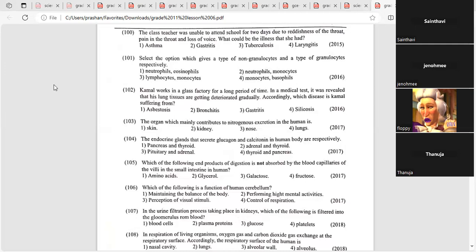Write this topic and write your answers: 101, 102, 103, 104, 105, 106, 107, 108. 8 MCQ questions are there. Write answers for those questions.